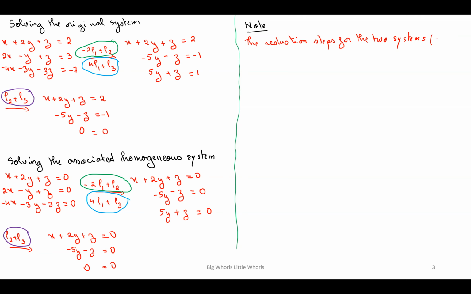Okay, so I mean the original, which is also known as the non-homogeneous, and the associated homogeneous. Okay, so the reduction steps for the two systems are the same.